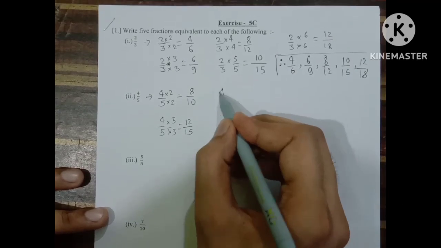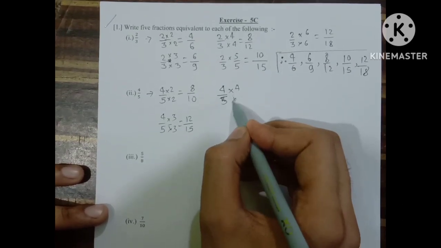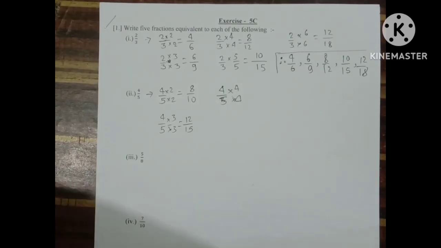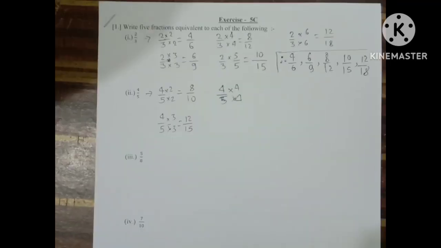Up and down here means numerator and denominator. Instead of saying numerator and denominator, I am using a short mnemonic for it, that is, up and down. On multiplying by 4 up and down, we will get 16 by 20.